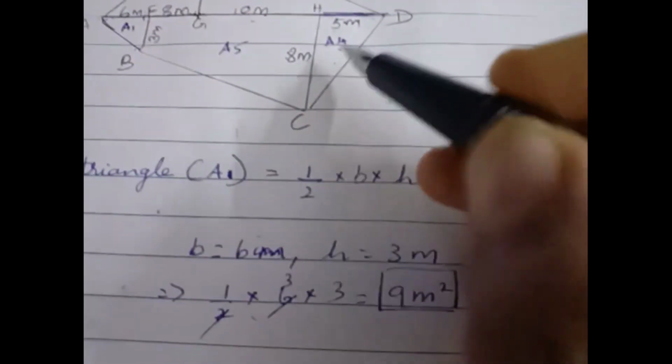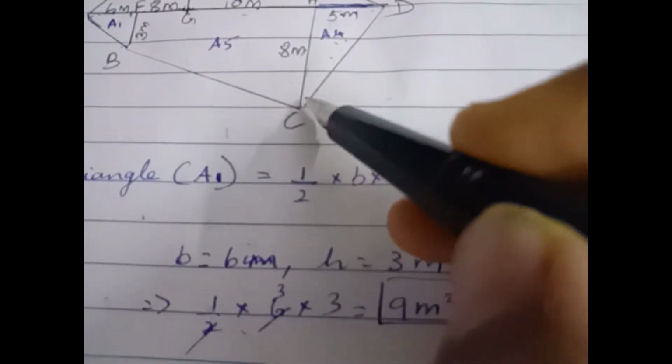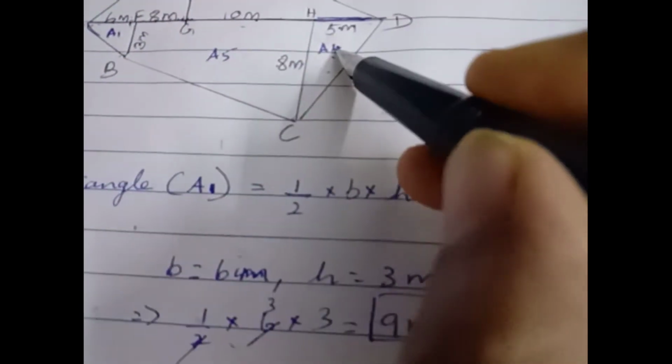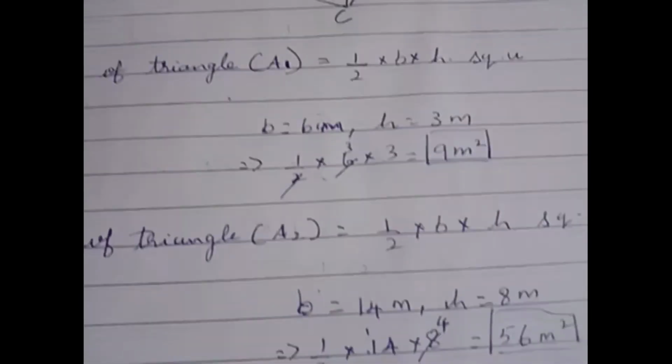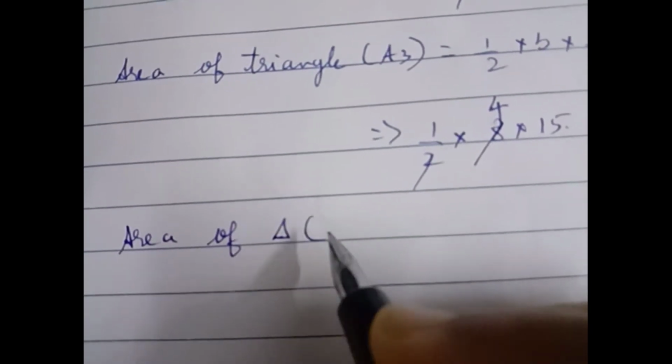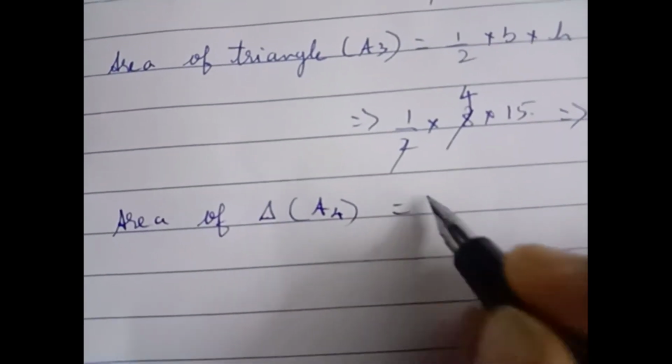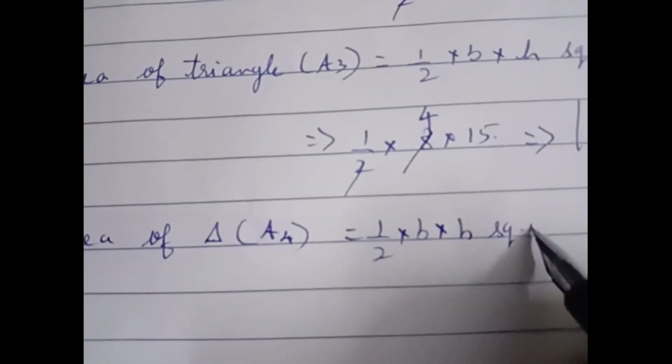Now area of the figure A4. If you see the figure A4, again you are getting the triangle. So write it down. Here base value is 5 and height value is 8. Area of triangle A4 is equal to half into base into height square unit.